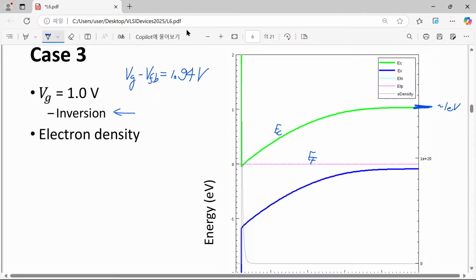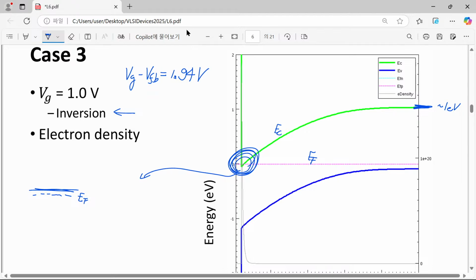So it means that nearby this interface, now conduction band and Fermi level are almost aligned. It means that we have a lot of electrons found at that point.